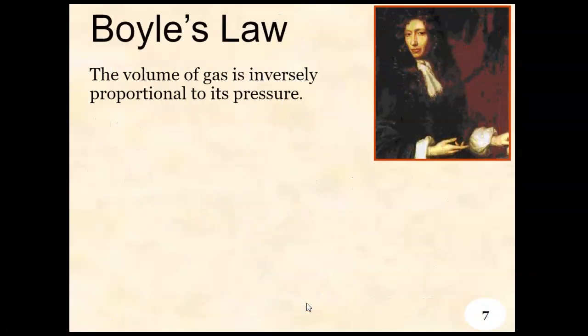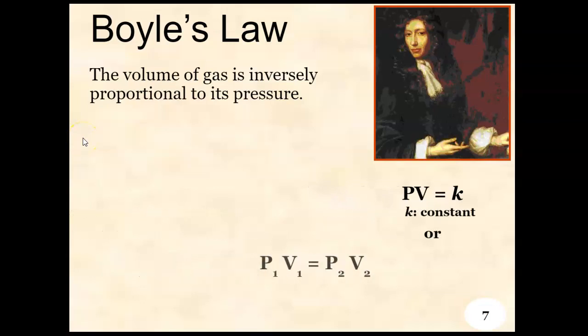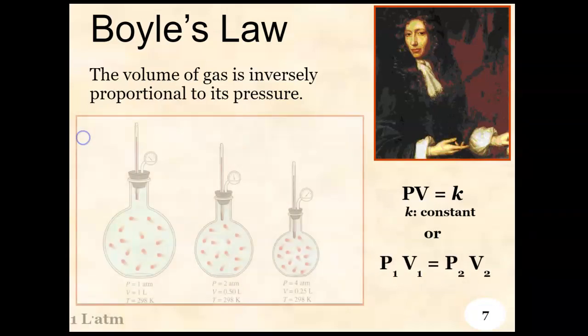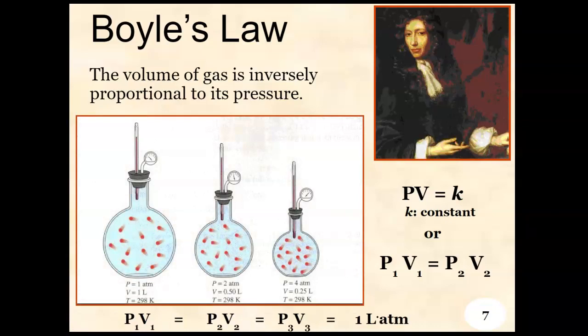Because of that, we find that volume of gas is inversely proportional to its pressure. In other words, it has an indirect relationship. As one goes up, the other one must go down, and vice versa.